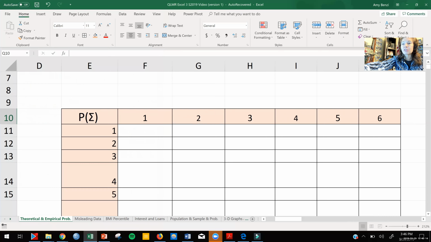So I'm going to put an equal sign, and I'm going to add 1 plus 1. You see how I chose the cells? Now I'm going to lock in my F10 by putting a $ around each side of the F. Now that cell is locked in. Now all I have to do is simply click this and it will fill in all the way down.